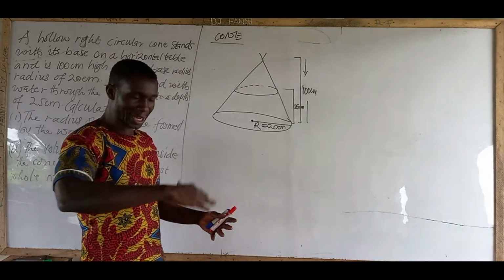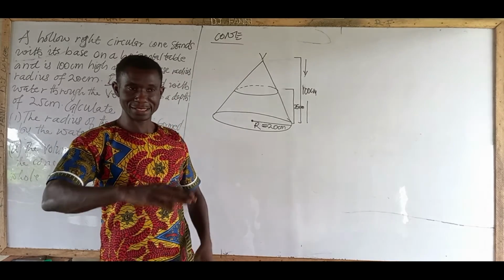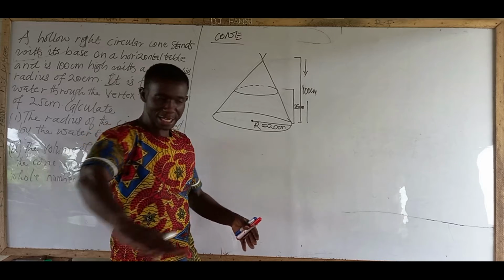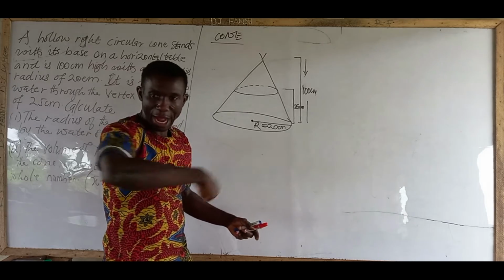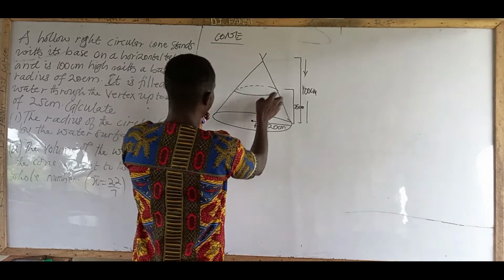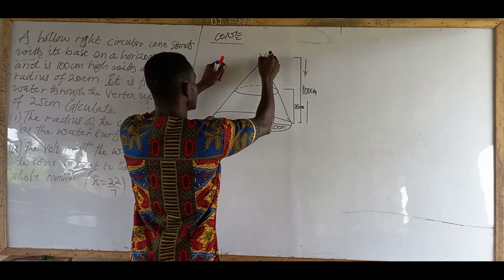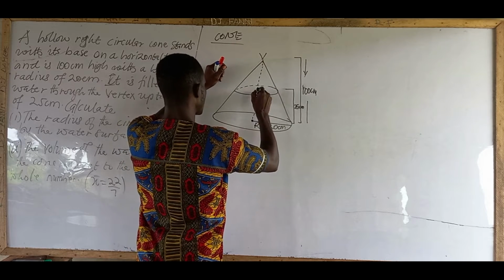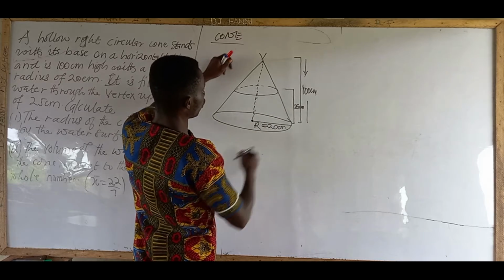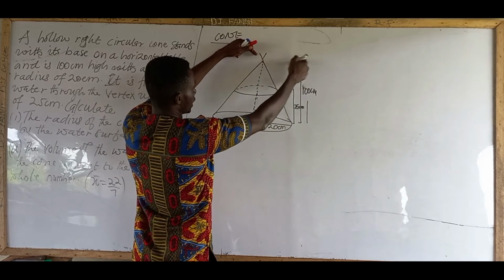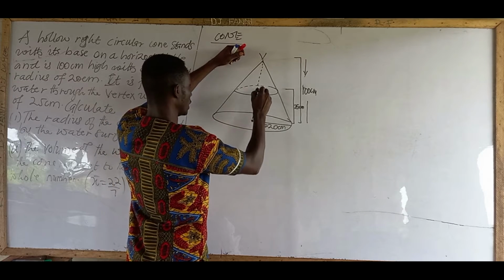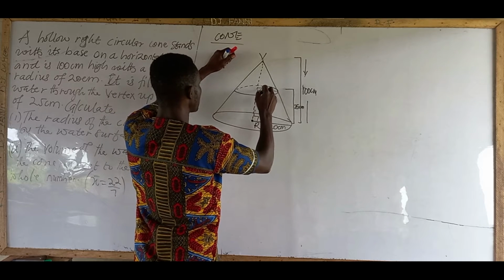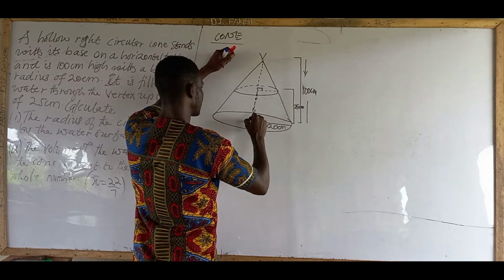When you fill water in a cylinder or a bucket, the surface of it is circular. So this is the circular part of the surface of the water. And you see, the cone has a height, which is 100 centimeters. At every point in time, when there's a circle formed, the radius is perpendicular to the height.